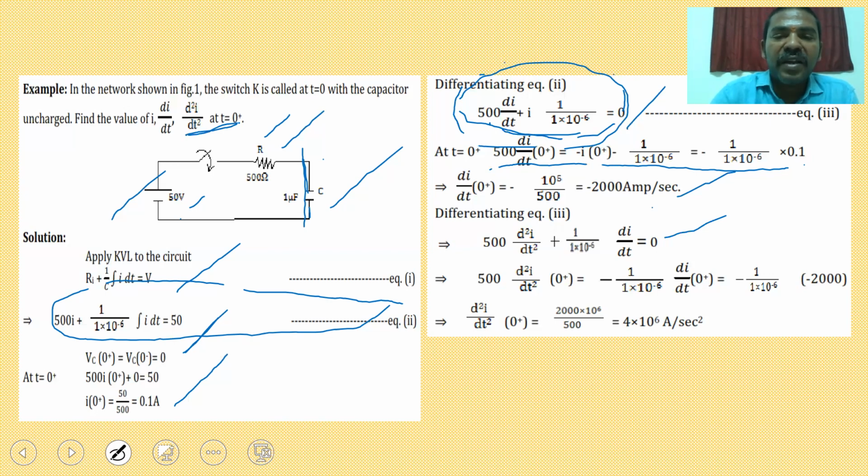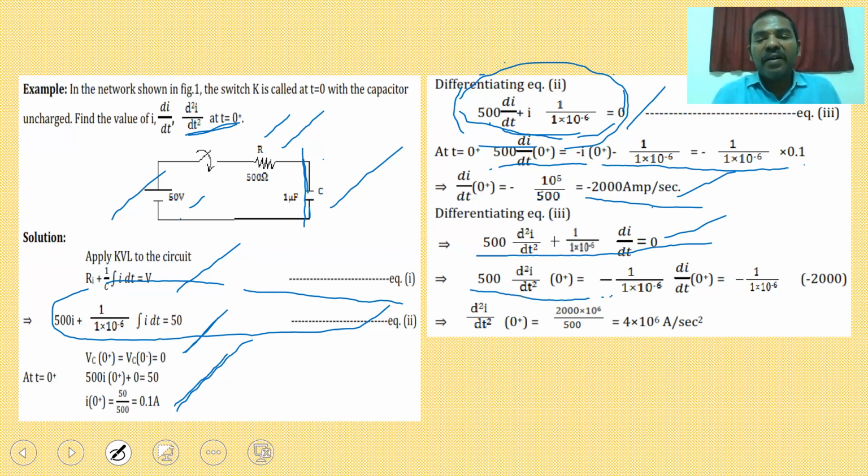So di(t)/dt at 0 plus condition is minus 2000 amperes per second, and i of 0 plus condition is 0.1 amperes. So in this equation, 500 into d²i(t)/dt² of 0 plus is equal to minus 1/(1 into 10^-6) di/dt at 0 plus, that is equal to minus 1/(1 into 10^-6) into minus 2000.